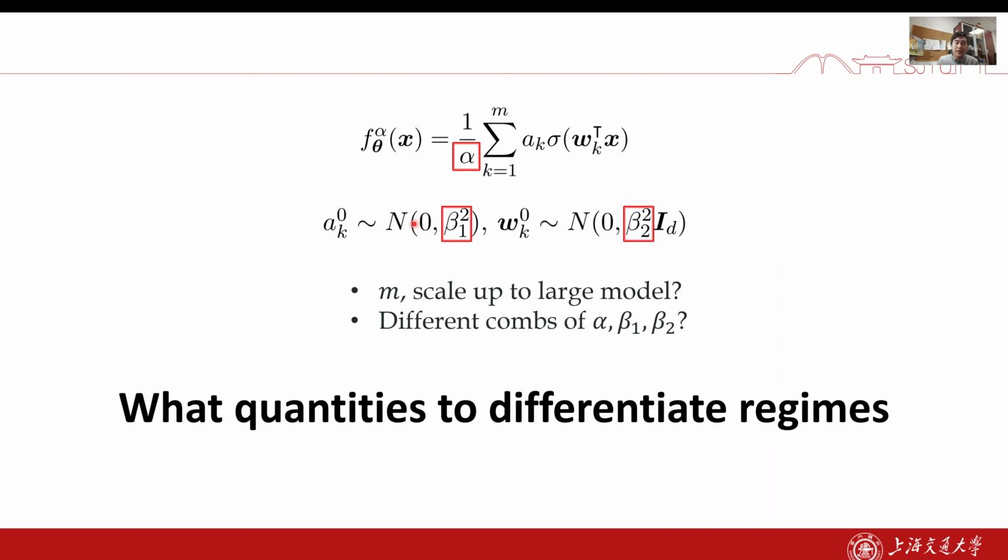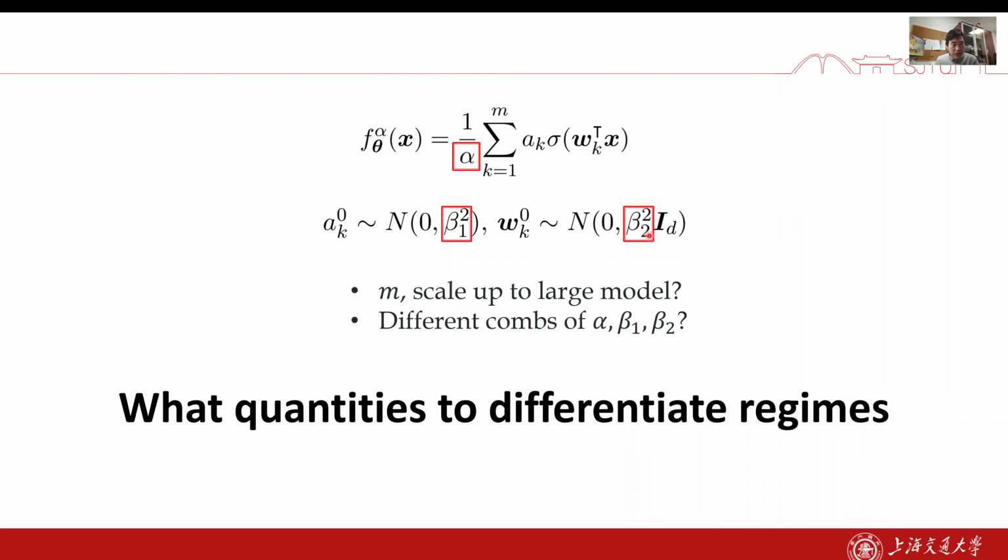So we now continue to study the regimes in a more quantitative way. For example, if we want to keep the neural network in a similar dynamic behavior, such as in the linear regime or condensation regime, when the network width scales up to a large width or large model, how should we change different hyperparameters, such as alpha, beta 1, and beta 2?